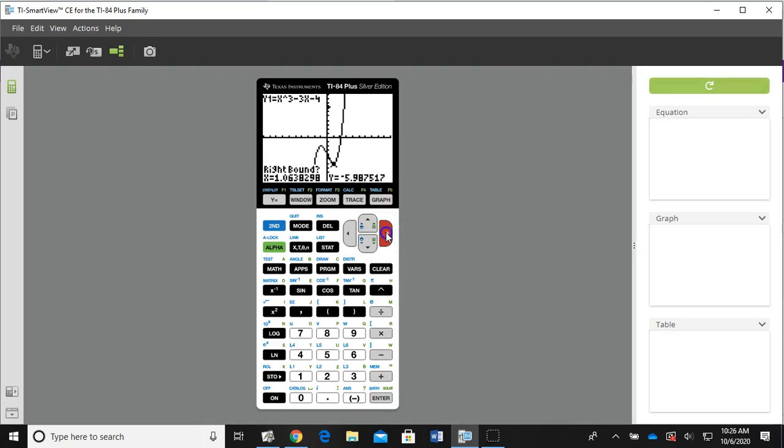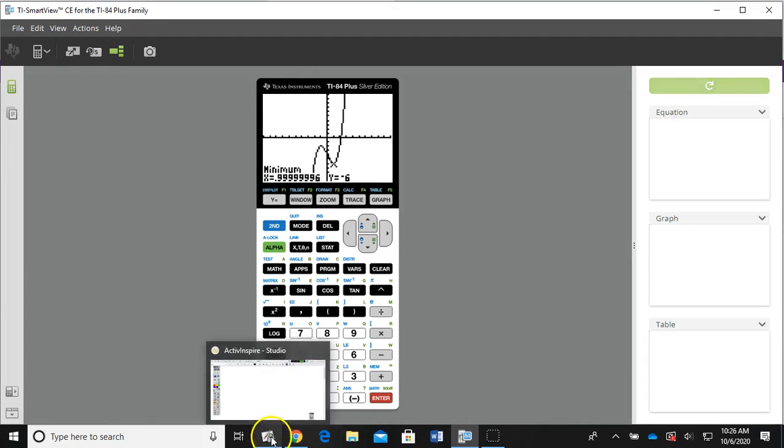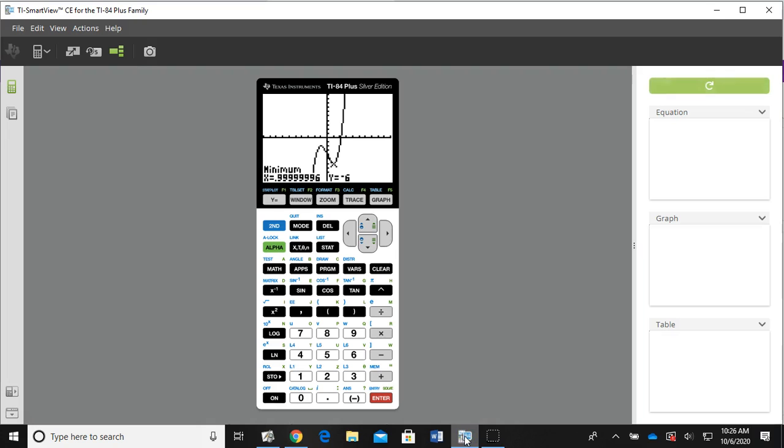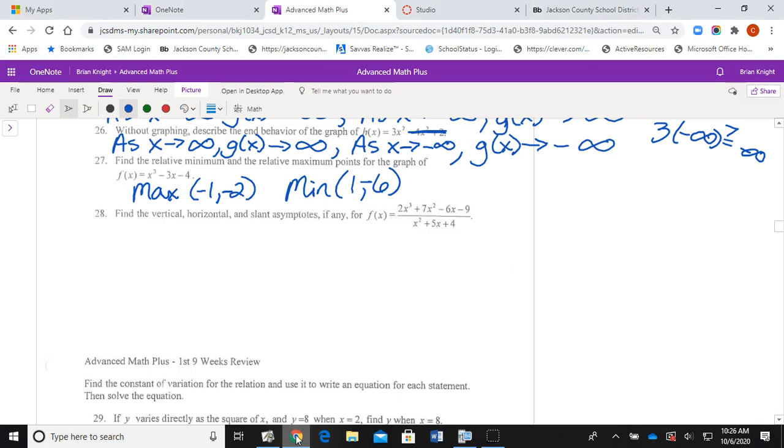Enter, scroll to the right, enter, enter. 0.9999996, that is 1, and y is -6. Was it -6? I thought it was. Let me look. I believe you, but yep, you're right. 1, -6. Any questions on how to do that? Pretty simple.